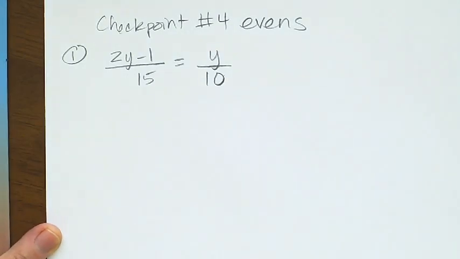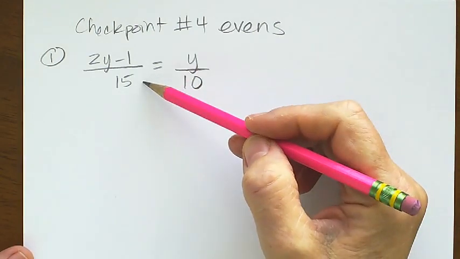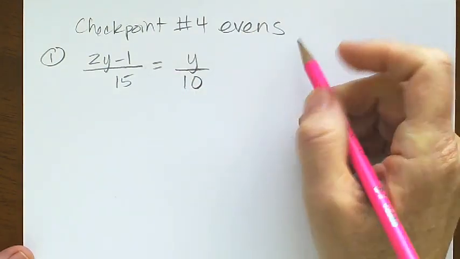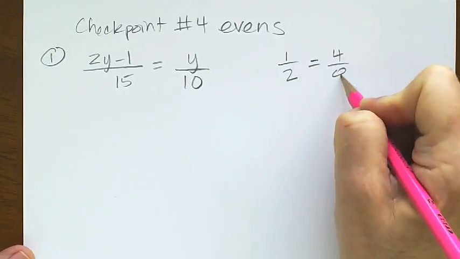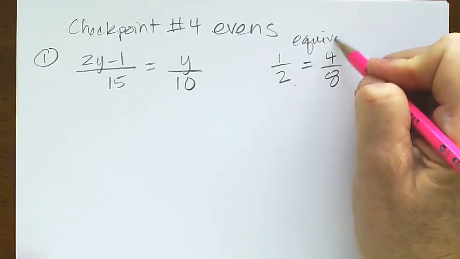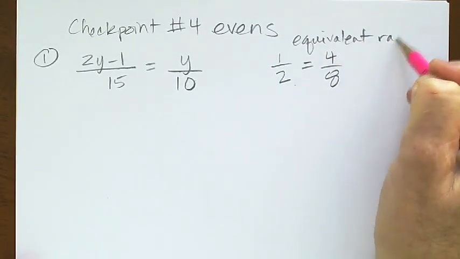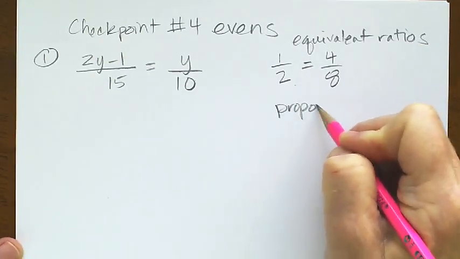I think a lot of students just think this is some kind of trick, but the reason that cross multiplication works is, for example, if you have 1/2 equals 4 over 8, two equivalent ratios, this is called a proportion.